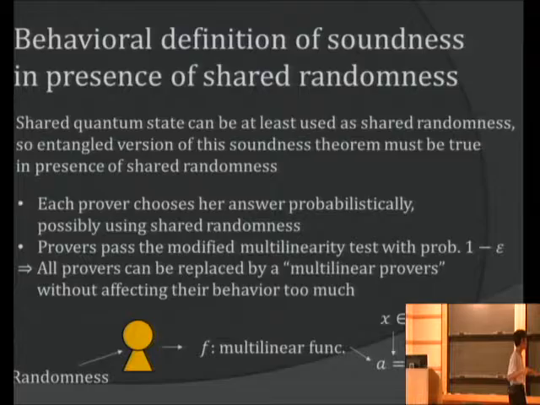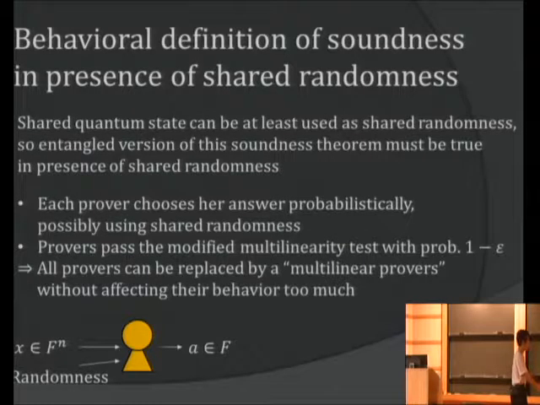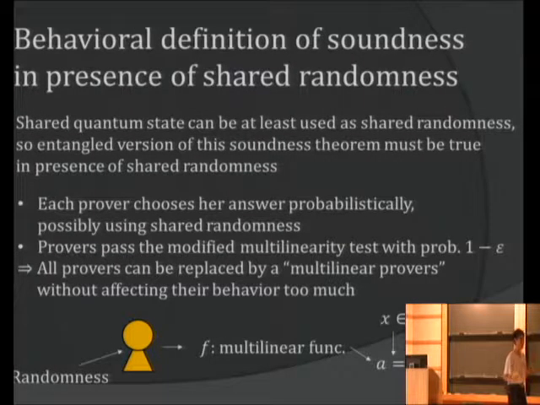And all we want to say is, if the provers pass the test with high probability, we can change from this general prover to this much more restricted prover without affecting the output much. This randomness is shared by the provers. Shared, yes.